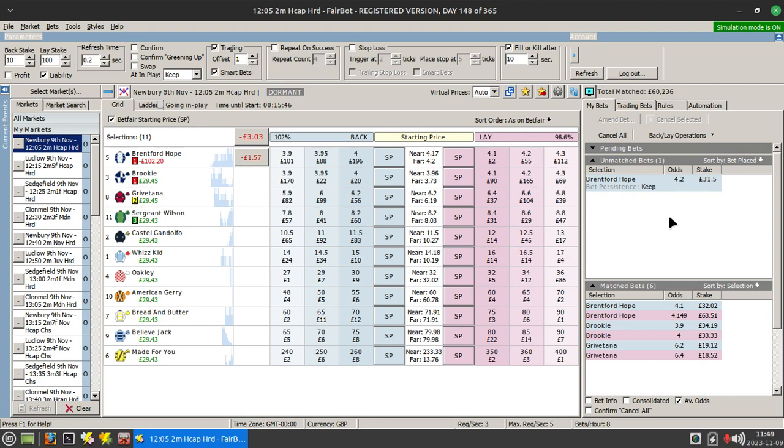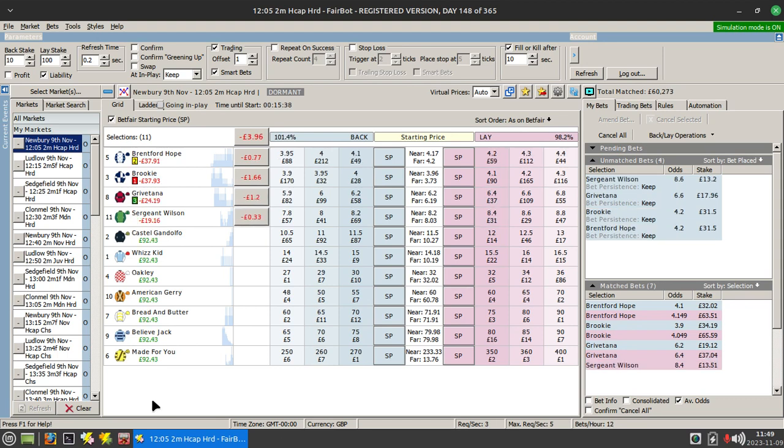And it's constructed to give us a green up right across the field. And we can do the same with any amount of other runners. Now as long as you only ever have one lay bet on any one runner, your liability will never increase above what this figure is here.